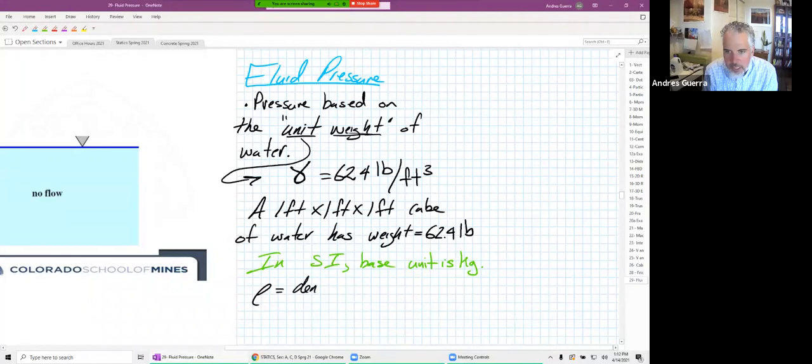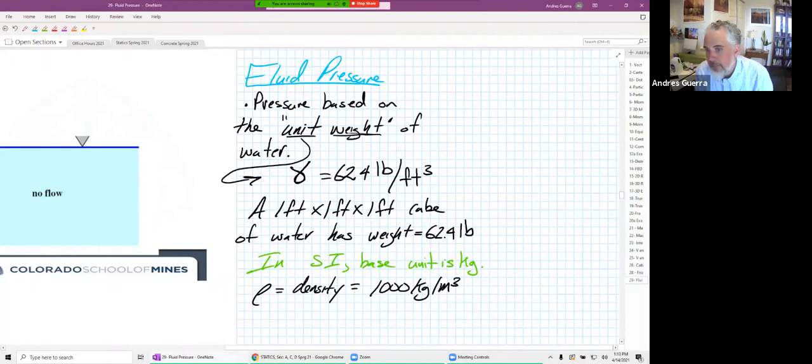Rho is our density, and for water, it's 1,000 kilograms per cubic meter. Kind of interesting how water is exactly 1,000 kilograms per meter cubed, isn't it? So water has a specific gravity equal to 1, doesn't it? Okay, so we're not going to really get into specific gravity, but our density is 1,000.